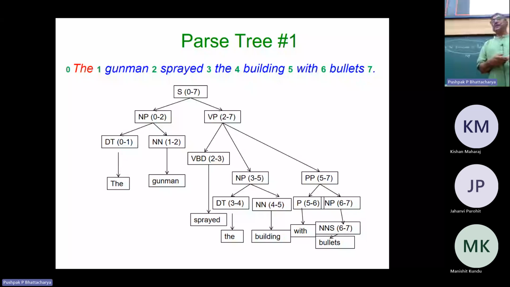PP is between 5 and 7. Okay. The building between 5 and 7 with bullets. Okay. So in this case, the PP is attached to what? PP, the preposition phrase, is attached to what?